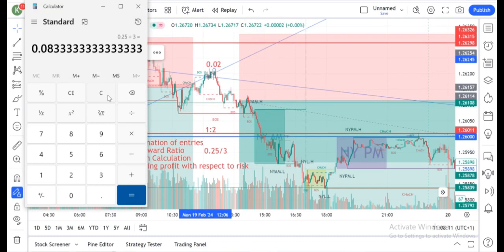Let me just show you quickly. Let's assume you're going in with 0.02. If you multiply that, maybe you go in 4 times, it will give you 0.08. So that's still equivalent.